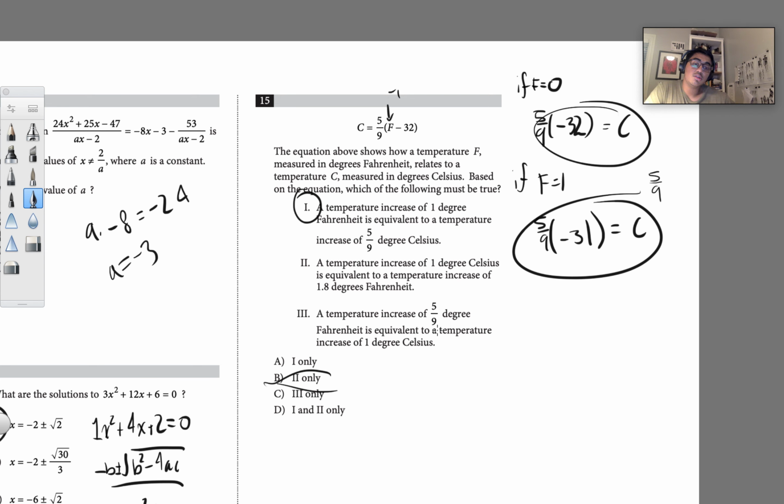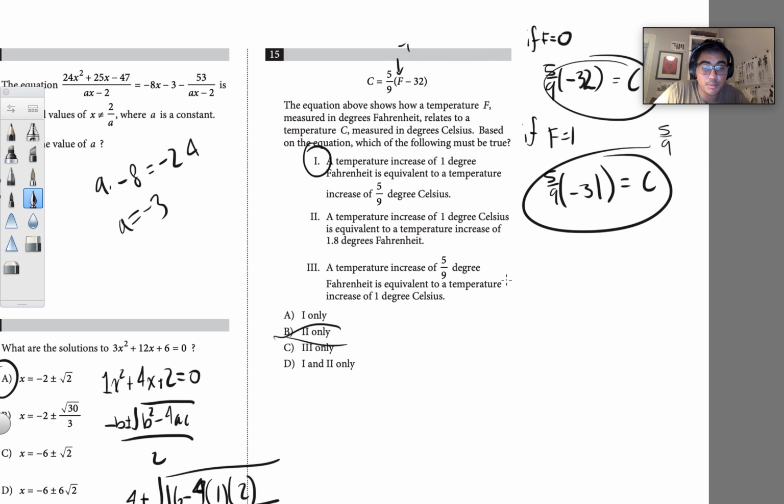A temperature increase of 1 degree Celsius is equivalent to a Fahrenheit temperature increase of 1.8 degrees Fahrenheit. Let's do cases again. So if C is equal to 0, it'd be 0 is equal to 5 over 9 times f minus 32.